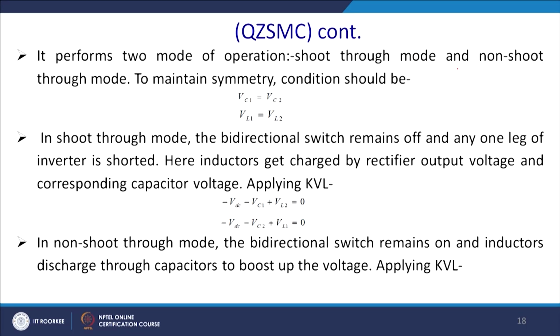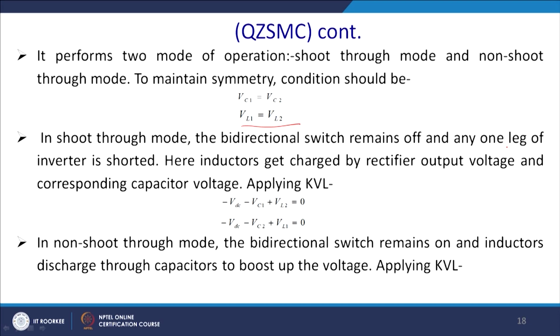It performs two modes of operation, shoot through mode and non shoot through mode, and to maintain the symmetrical condition, Vc1 equals Vc2 and VL1 equals VL2. In shoot through mode, the bidirectional switch remains off and any one leg of the inverter is shorted.